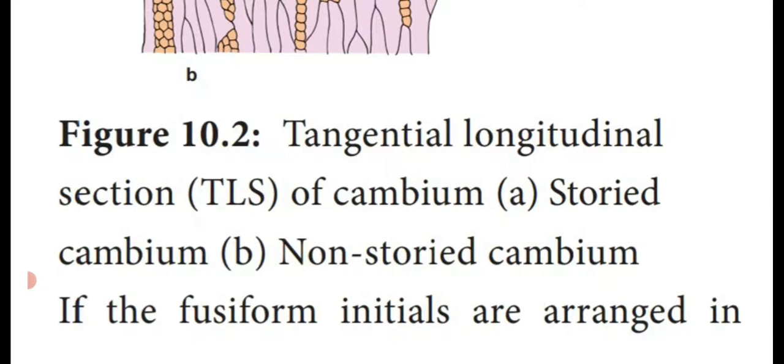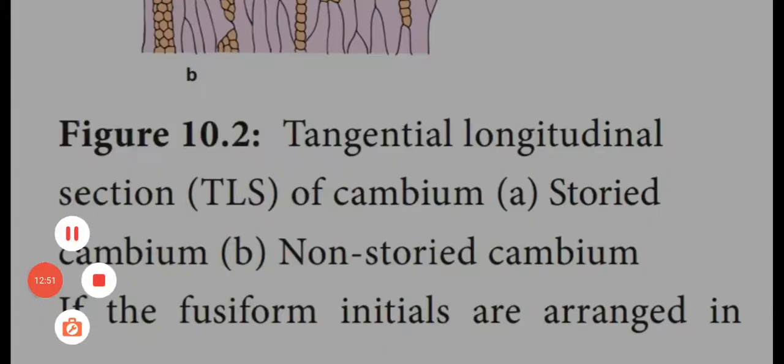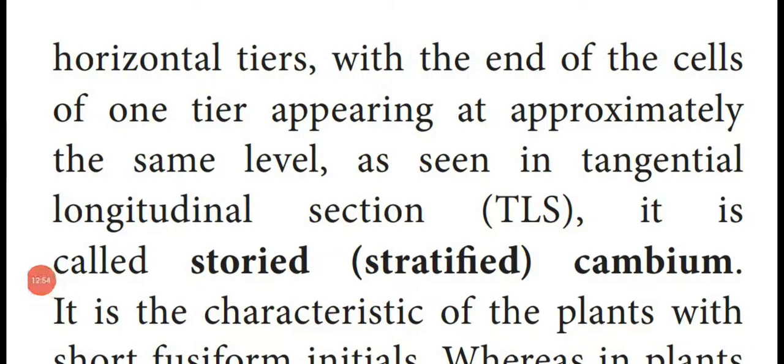See the definition. If the fusiform initials are arranged in horizontal tiers, horizontal tiers means that if you draw an imaginary line at the ground level, that is said to be a horizontal tier.